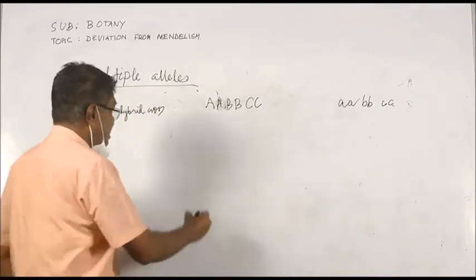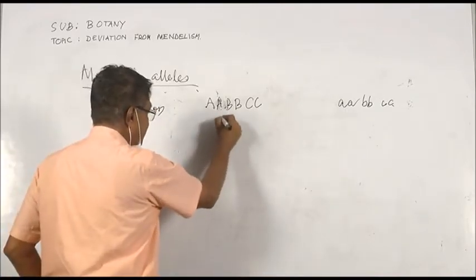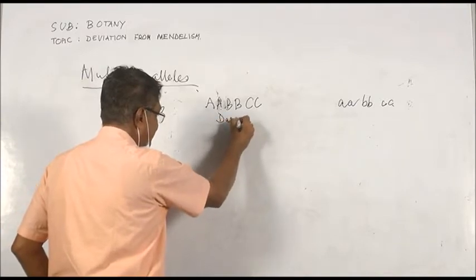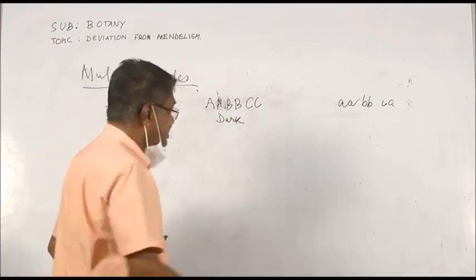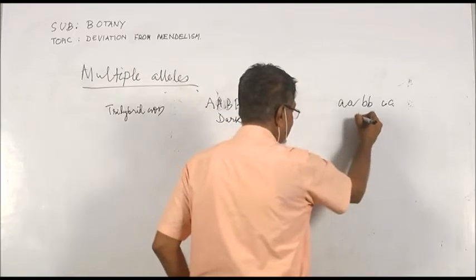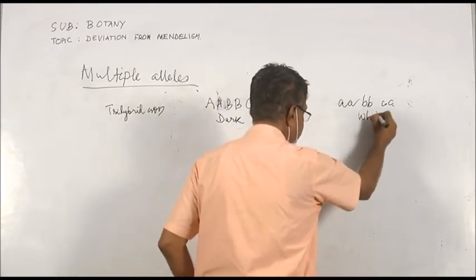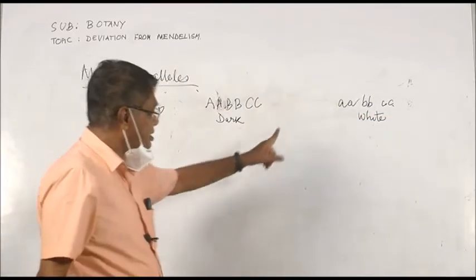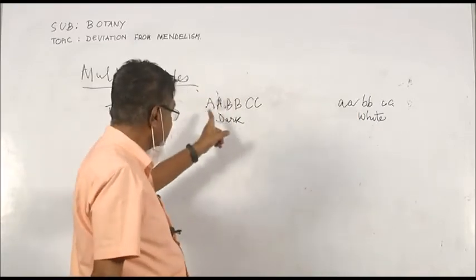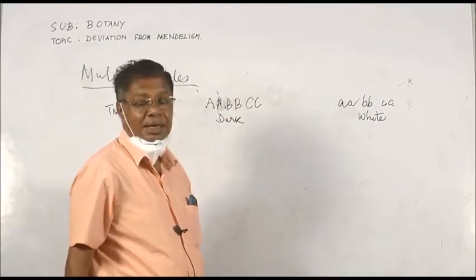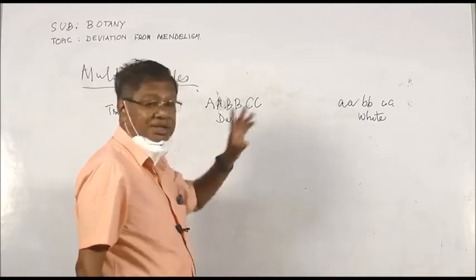Now here this will be dark, very dark, and this is white, because these are all white genes, these are all dark genes.